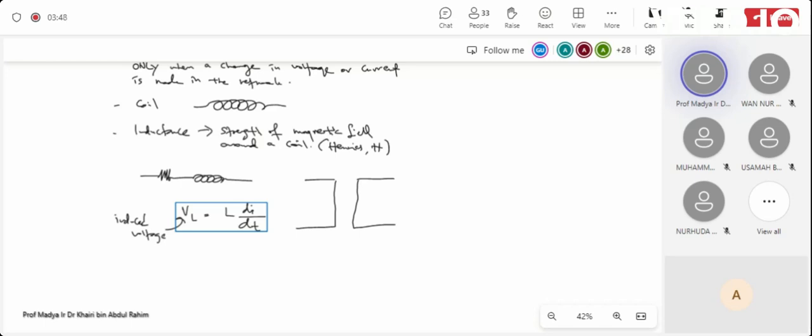So something like, okay, you have number of turns here and number of turns there, which is inducing voltage across this region. Okay, so this is an example of the use of the concept of inductors.